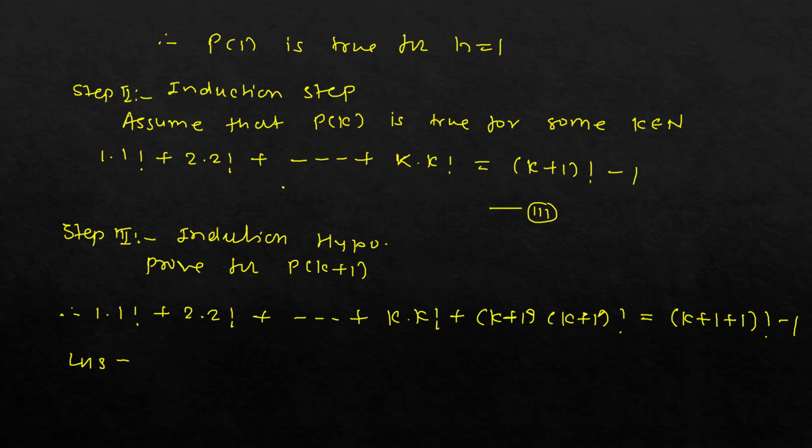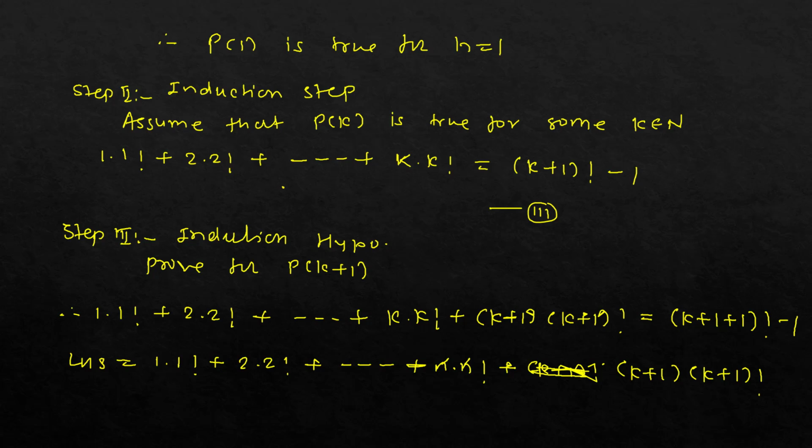Now take LHS. LHS is equal to 1 into 1 factorial plus 2 into 2 factorial plus dot dot dot plus k into k factorial plus, what should be here? That is k plus 1 into k plus 1 factorial.